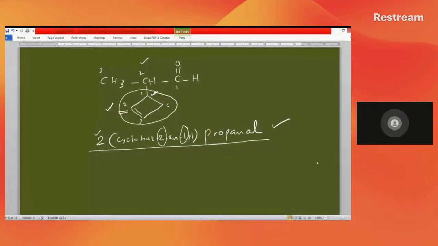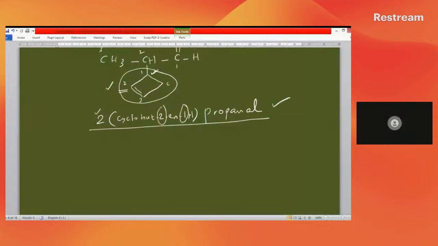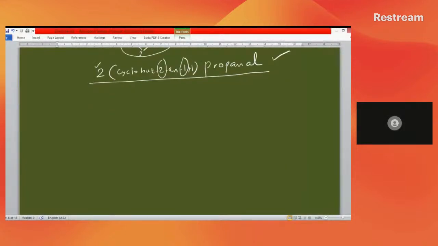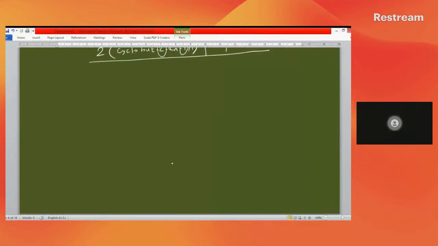And we are giving another example. Consider this compound. There is a presence of CH2, CH, CH3, CH2, C double bond O, which is a carboxylic acid. Here there is a double bond.